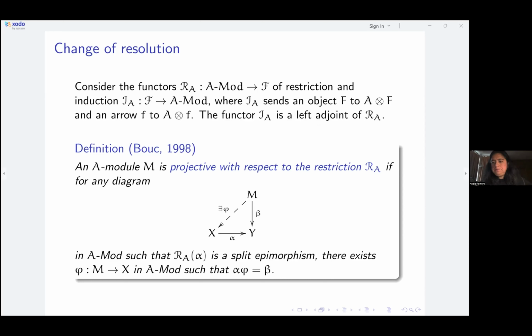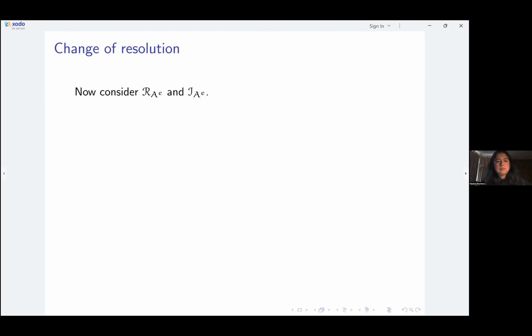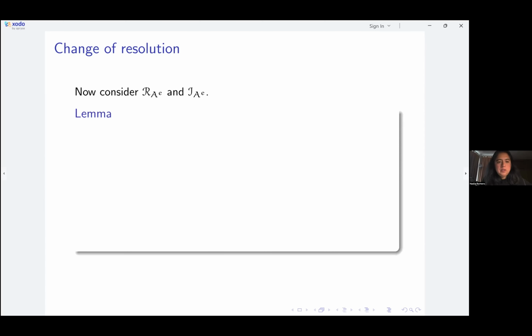Okay, so let's consider this restriction and induction, but now for bimodules. What we can show is this, again a lemma, an interpretation of a lemma of such a book.